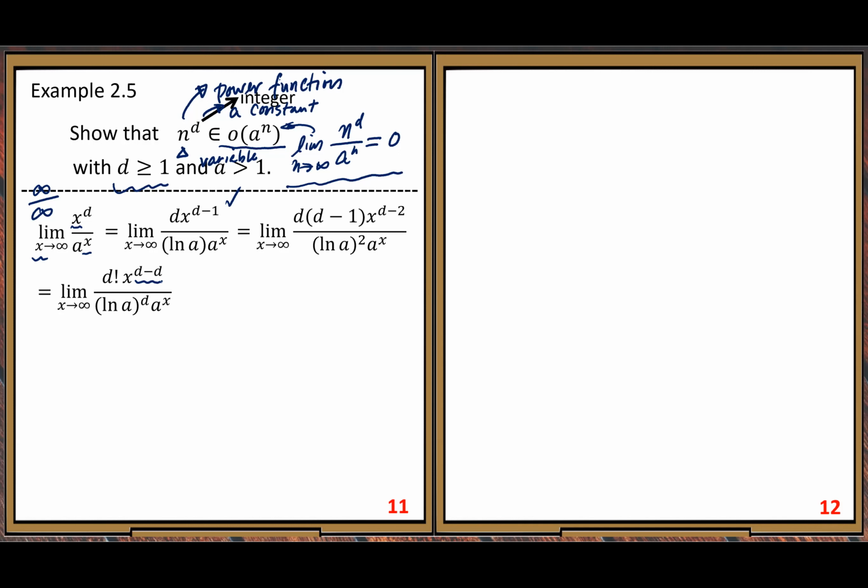A fixed number over infinity is 0. So after simplification, the answer is 0. Then we proved the little o notation.